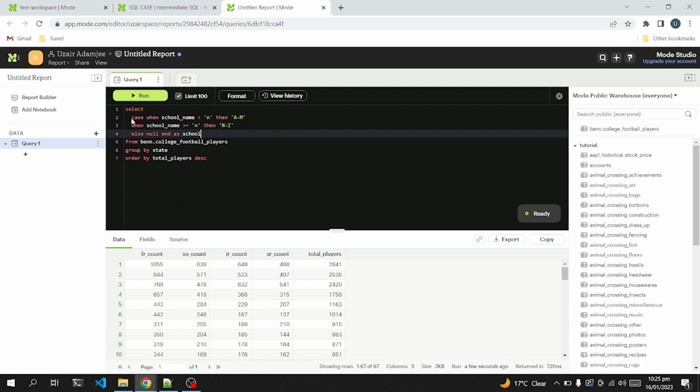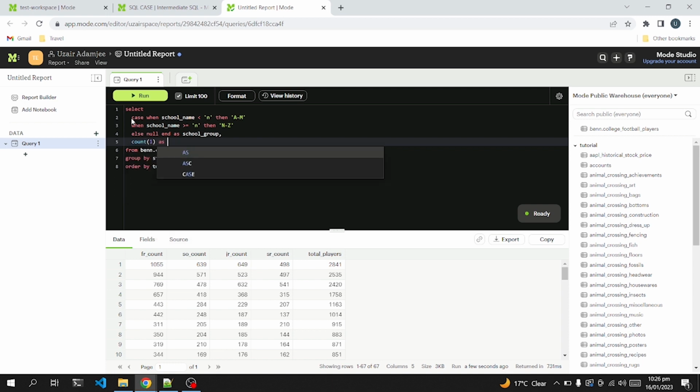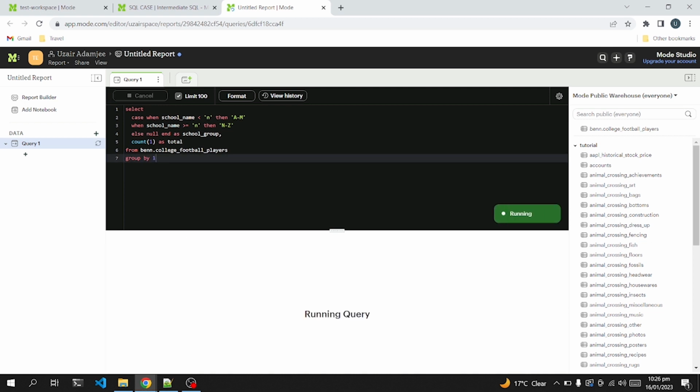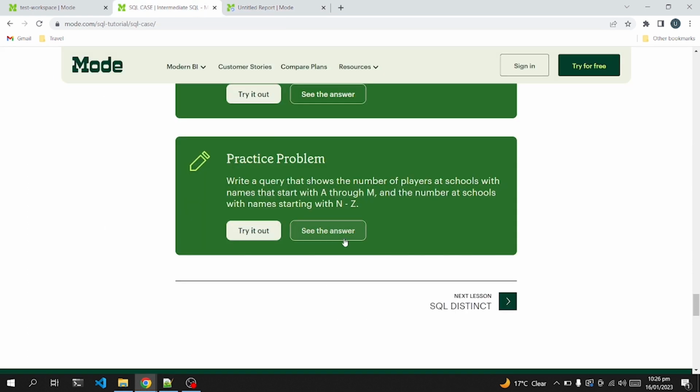Then group, and get the total number of players, or count of players. We will just group by the first one. We don't have to order in this query, and we are good to go. Check the answer. For the column players, the name should start.